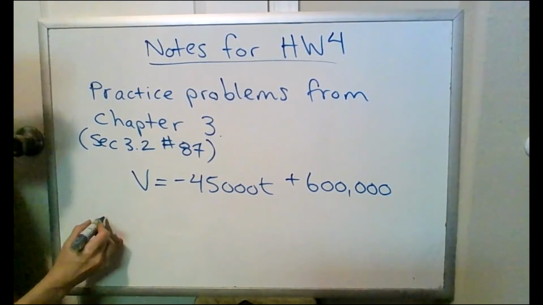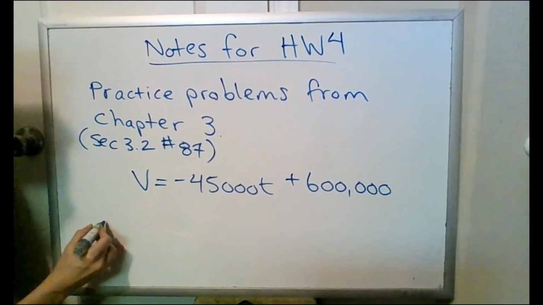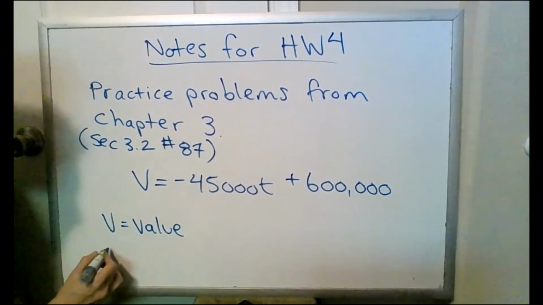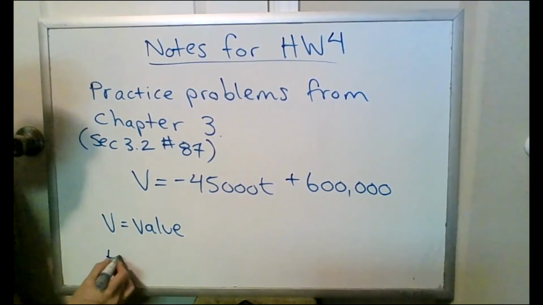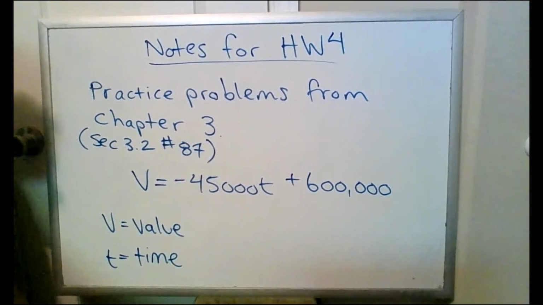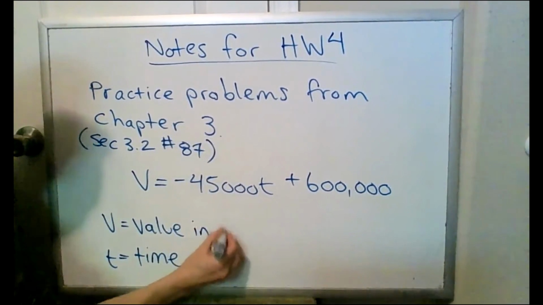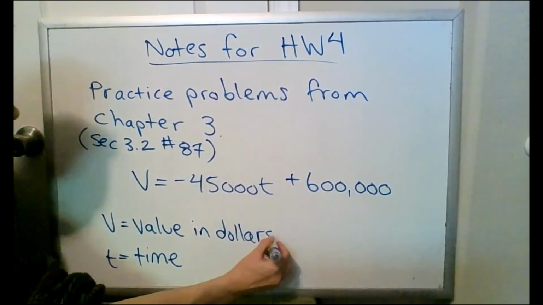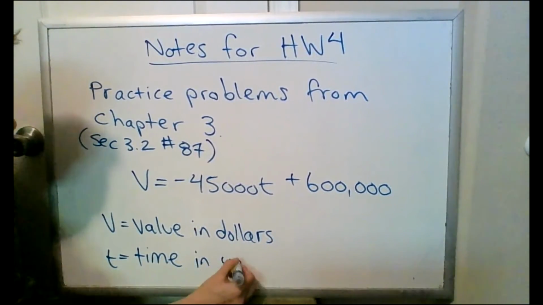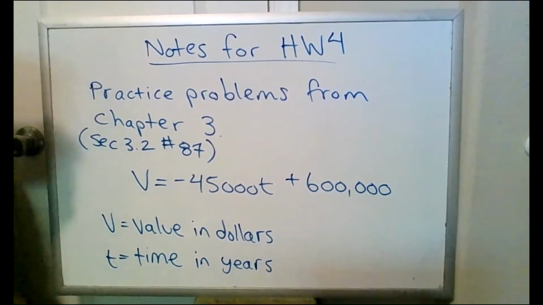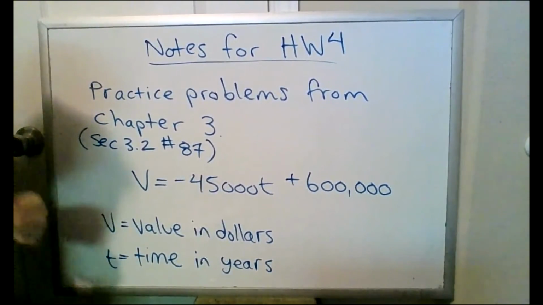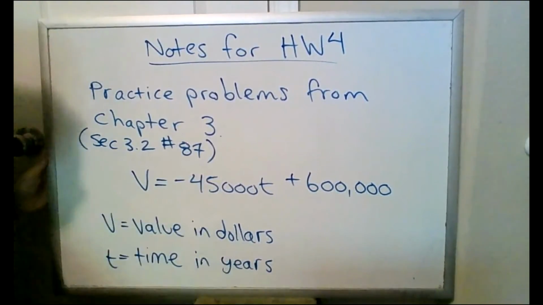Just to note, they tell you that V is the value and T is the time. The value is in dollars, and the time is in years. Okay, part A. What is the value at the end of 5 years?